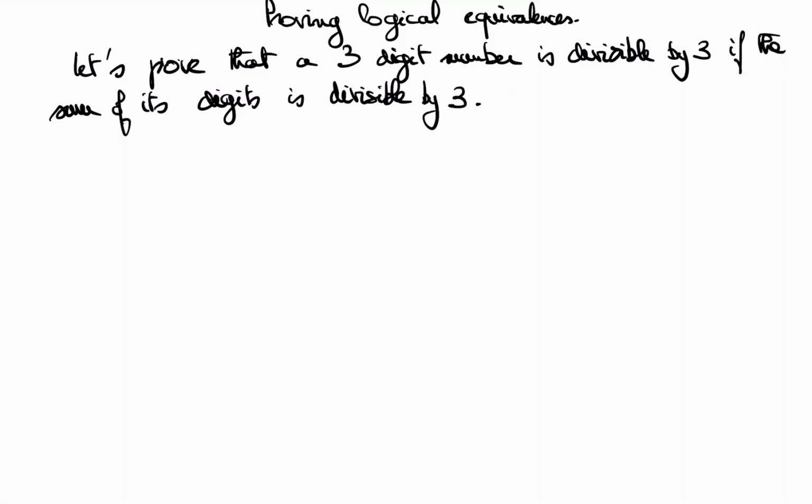Right. So let's say the number can be written as A, B, C. So the number would be 100 times a plus 10 times b plus c. If it's divisible by 3, then it can be written as 3k.